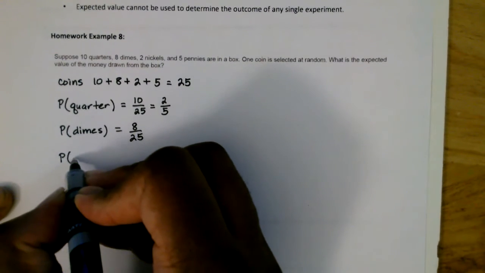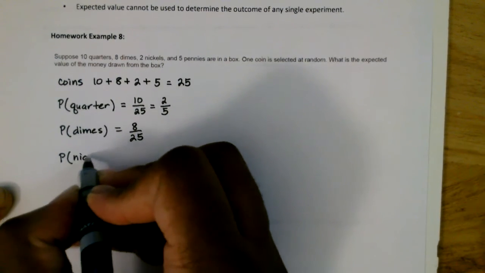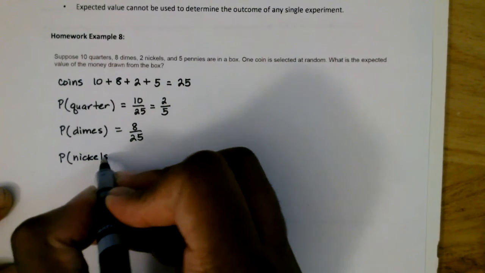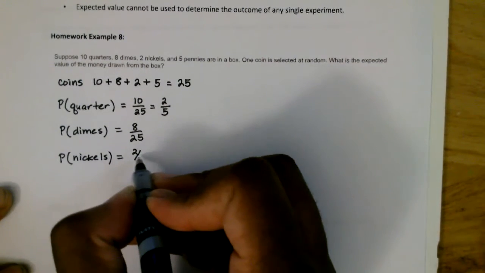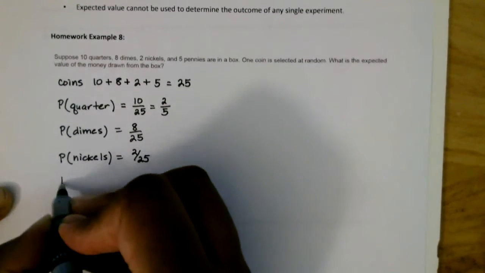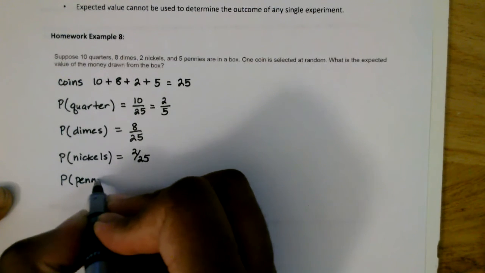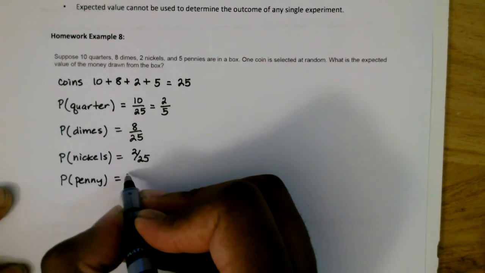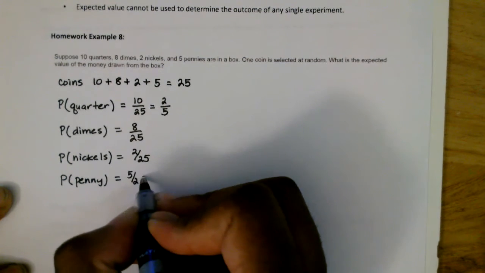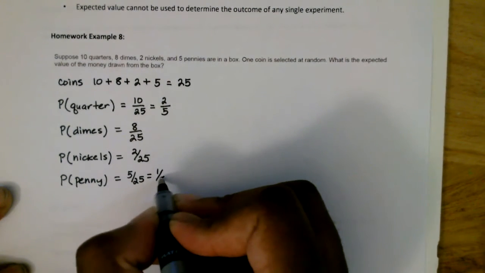Then the probability of selecting a nickel out of the box, there are 2 of those out of 25. And then finally, the probability of selecting a penny out of the box. That would be 5 out of 25. I can reduce that to 1/5.